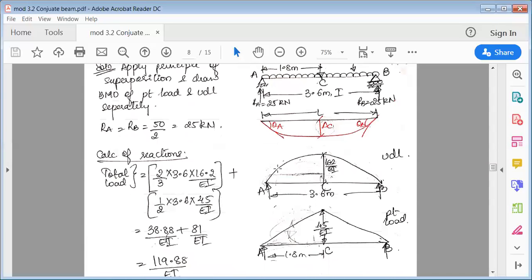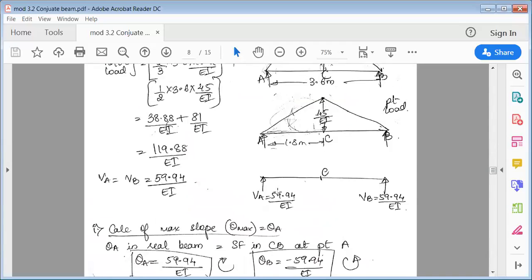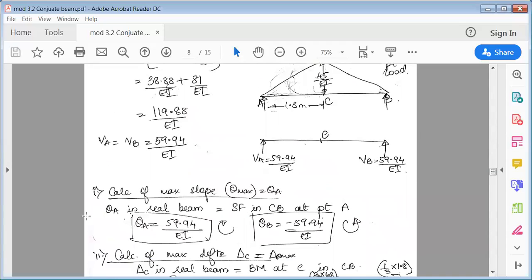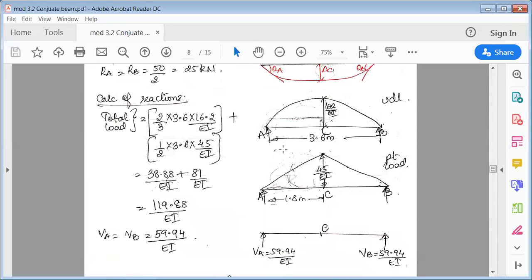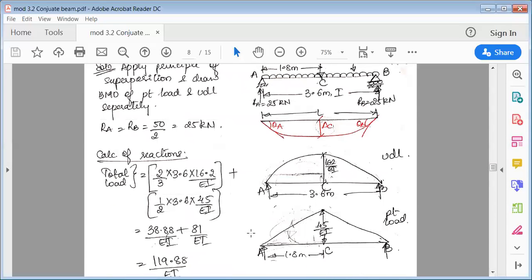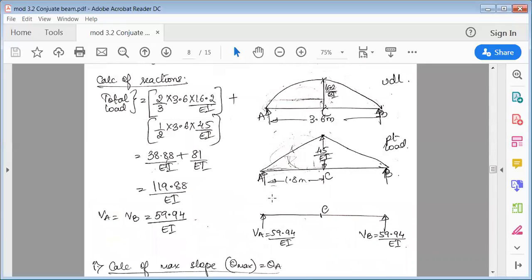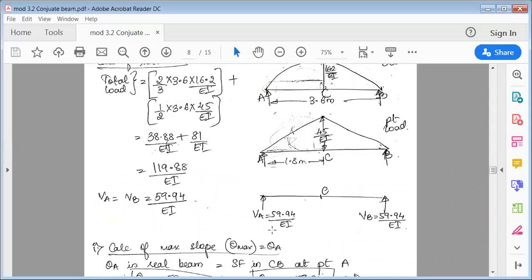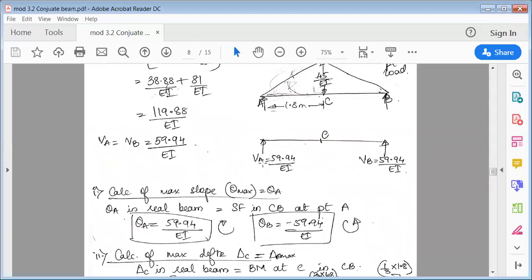So maximum slope is theta A. Use the formula: theta A in real beam is equal to shear force at A in conjugate beam. So shear force at A we've already calculated. It is VA.